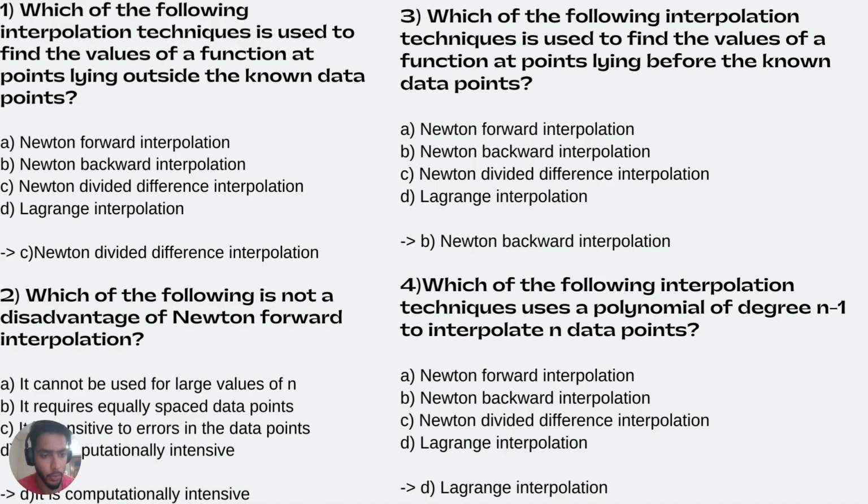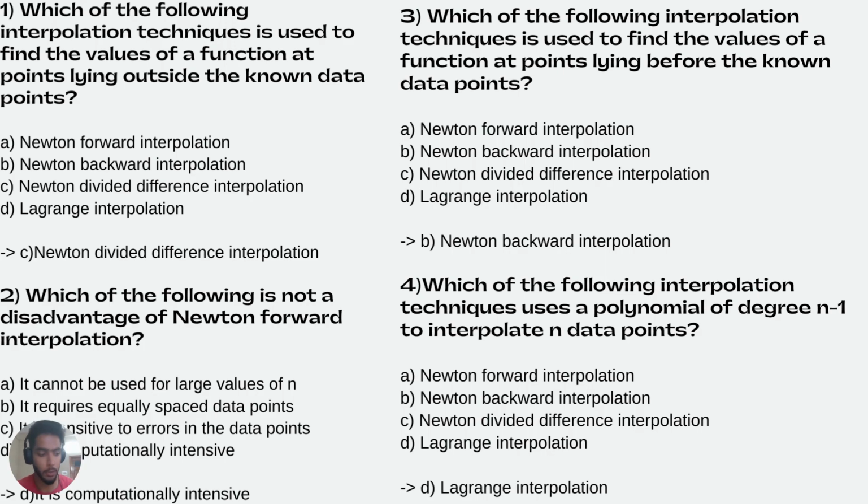It can be used for equally spaced data points. Yes, it is true, but it is not a disadvantage. Option C is again not relevant. Then we are left with option D, that it is computationally intensive. That is definitely an advantage. So let's move on to the third question.